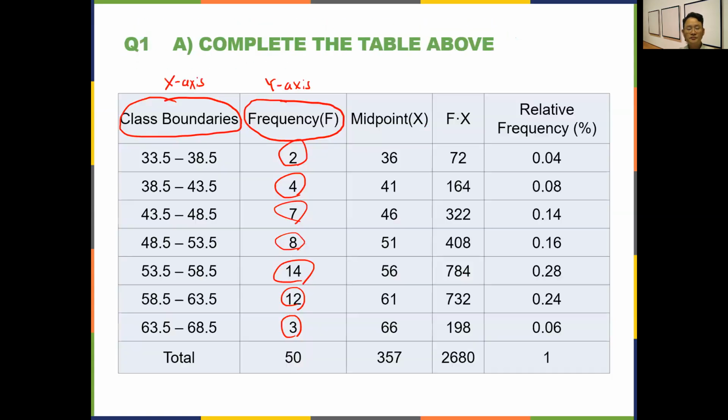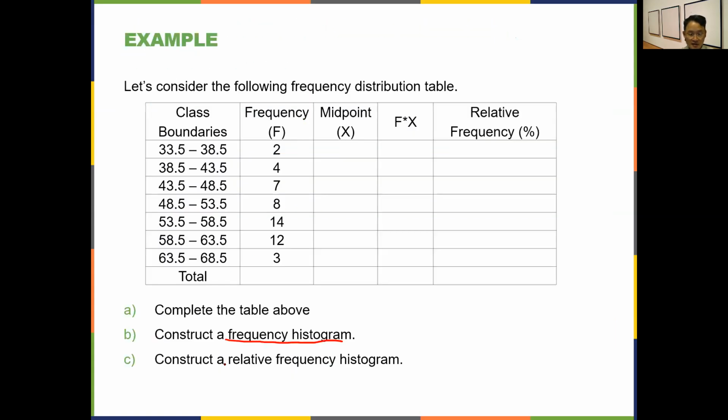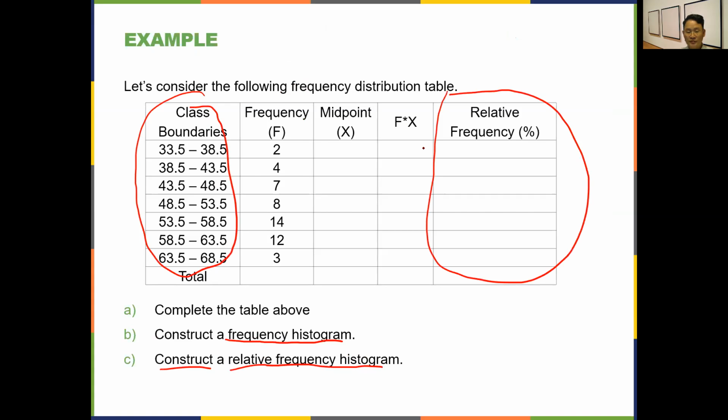Now, the last part says construct a relative frequency histogram. So we are going to use this class boundary column, and we are also going to use this relative frequency column as well, right?